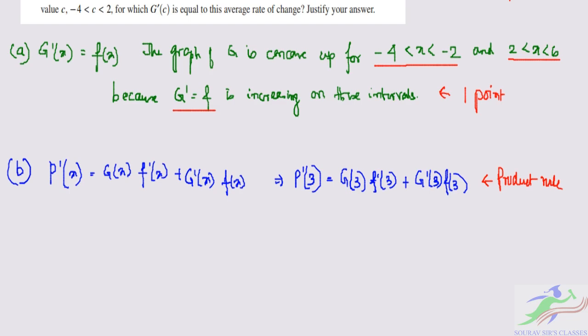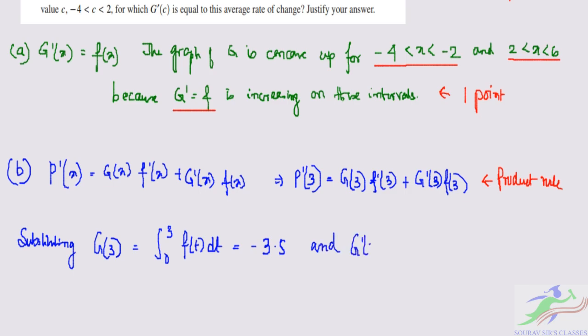Now we have to evaluate the values of g(3) and g prime of 3. g(3), which is the integral from 0 to 3 of f(t) dt, is equal to -3.5, and g prime of 3 is equal to f(3), which is simply -3.